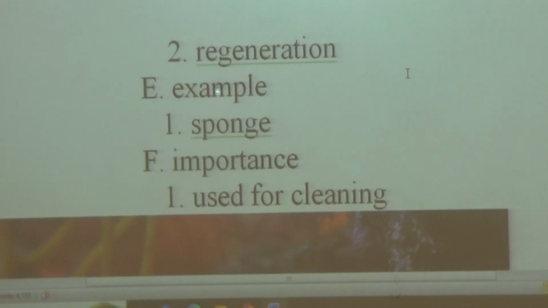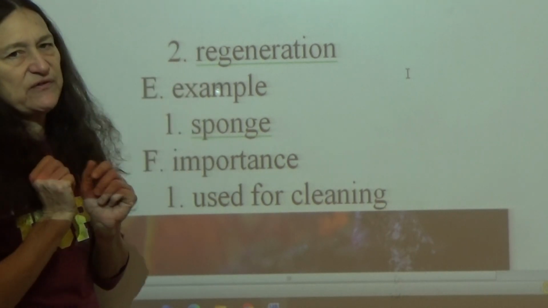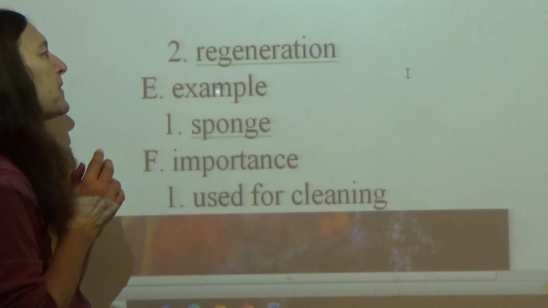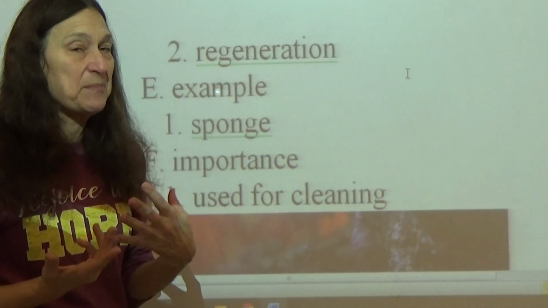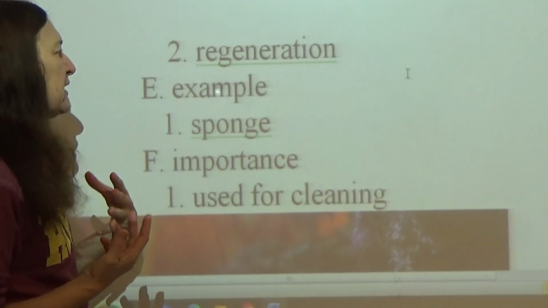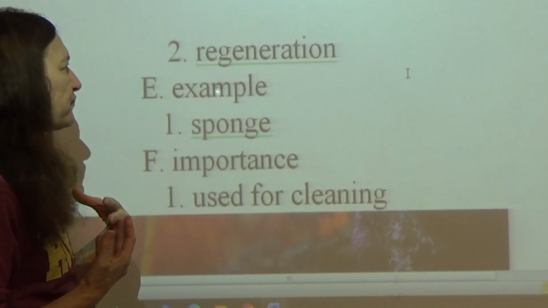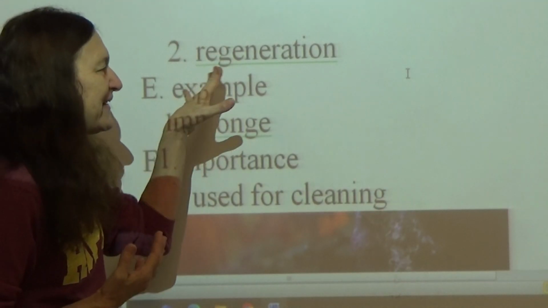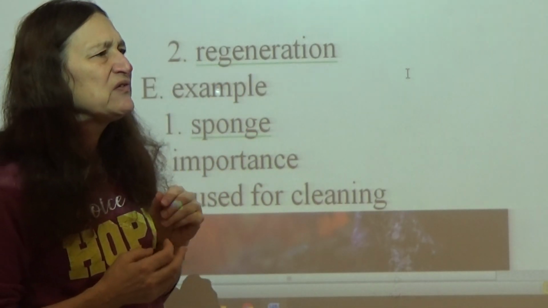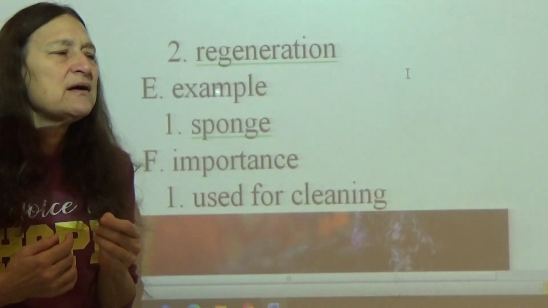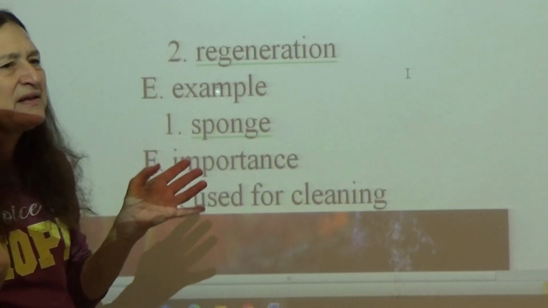Okay, something fantastic for sponges is the fact that they can regenerate. That means they can grow parts back. And humans kind of found this out the hard way. I believe the story goes something like the fishermen didn't like the sponges.